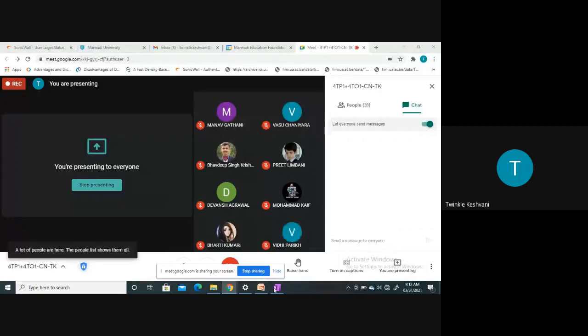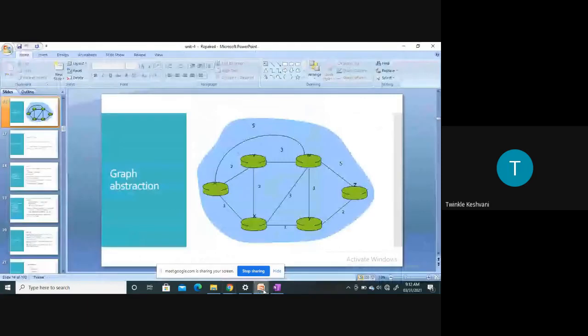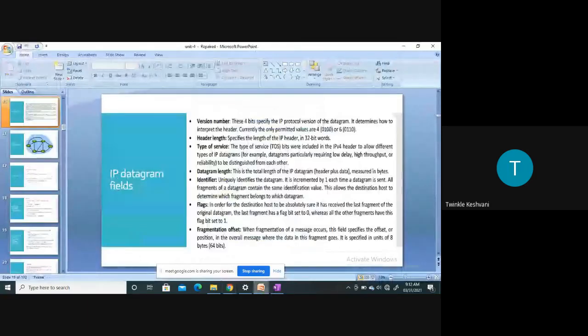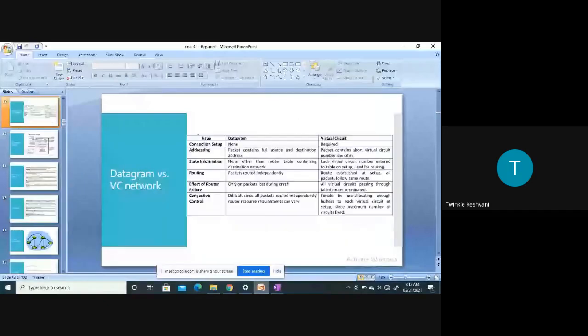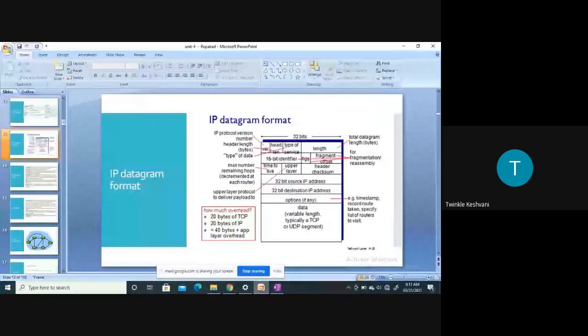Okay, so starting with the routing algorithm, as you can see on the PPT, we have completed the format of IP datagram, right? We have seen all the fields which are there in the IP datagram format. As we have already discussed yesterday, the format of IP datagram consists of various fields and the size of that is 20 to 60 bytes, right?